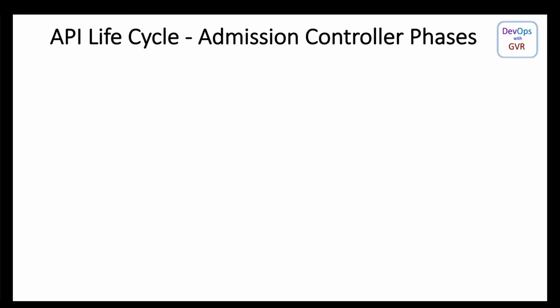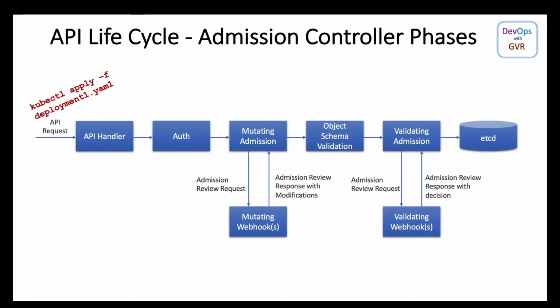Now whenever you do kubectl apply on a deployment, what happens internally is that kubectl apply -f is nothing but a kube API call, an API call with a POST with the body of this deployment. That will be taken care of by the API handler. Then the API handler will take care of authentication and authorization.